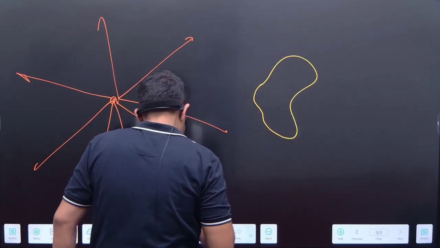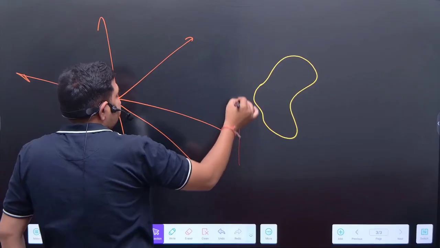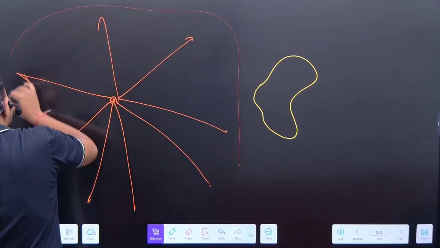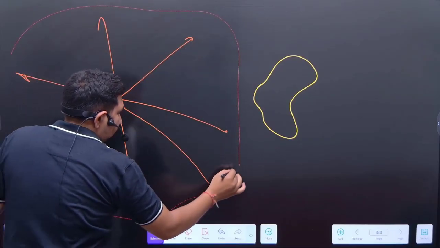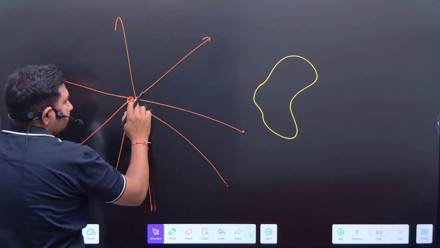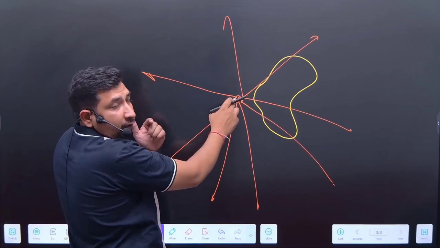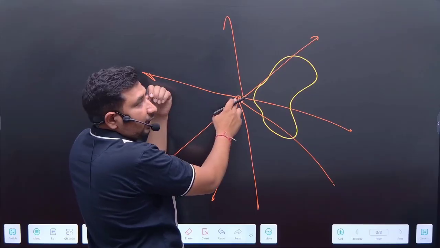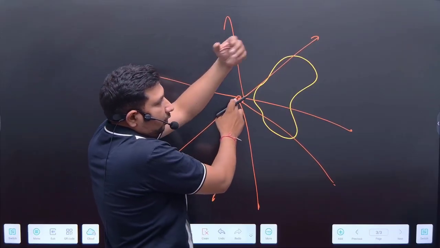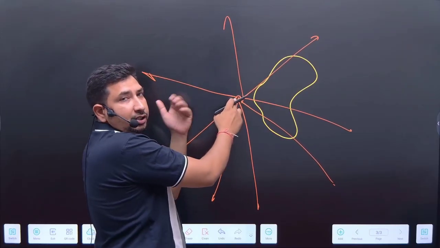You know what flux is: the number of field lines crossing the area is called flux. If the charge is outside, the number of field lines entering the shape is equal to the number of field lines exiting the shape.